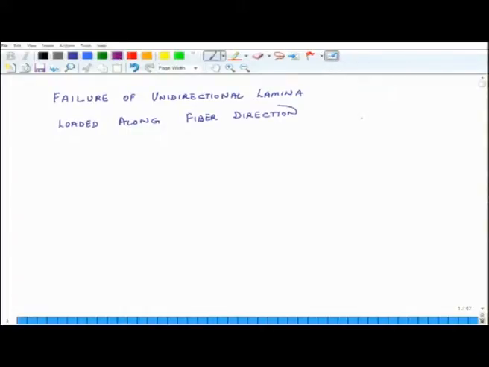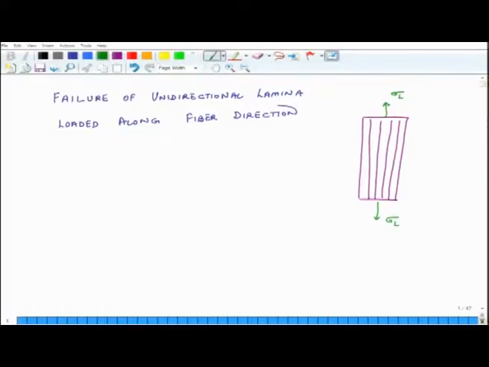What it means is that suppose I have a unidirectional composite and the fibers are aligned along the length of the composite, and suppose I apply an external load sigma L. Why do I call it sigma L? Because it is in the longitudinal direction.